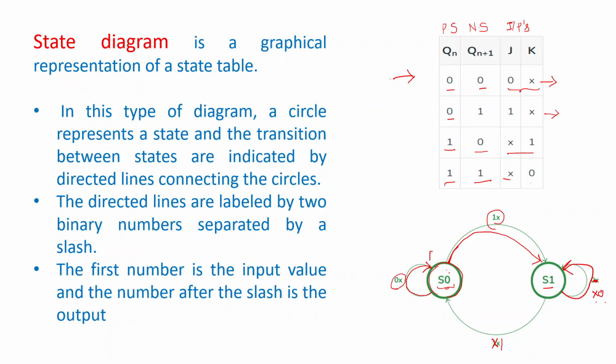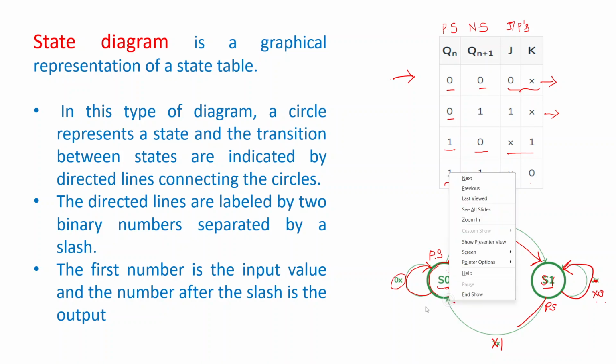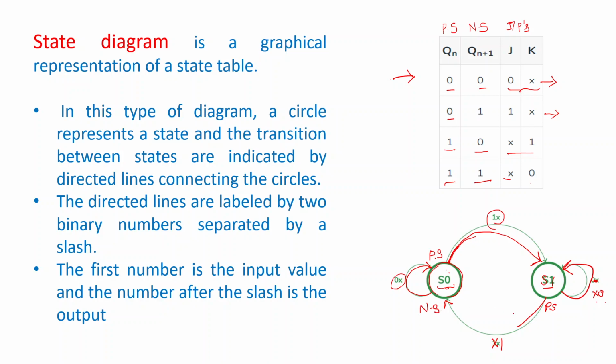This is the present state of this arrow, and for this arrow the next state is S1. Then for this arrow the present state is S1, and this arrow ends here, so the next state is S0 for this present state S1, and the flip-flop inputs are don't care, 1. So like that we have to plot the state diagram.